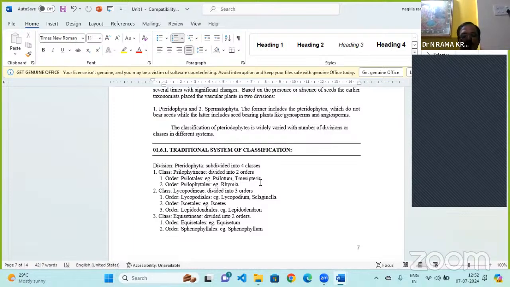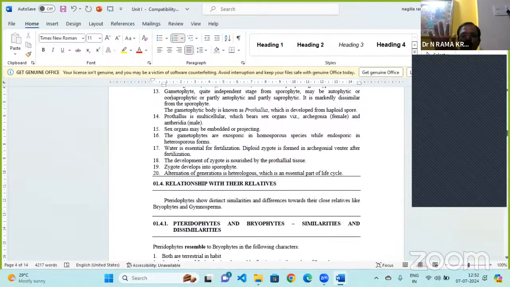The first formed xylem is at the periphery. For example, this is a stem. Here the xylem is formed here only. We call that protoxylem. Primary xylem of this type is called exarch.